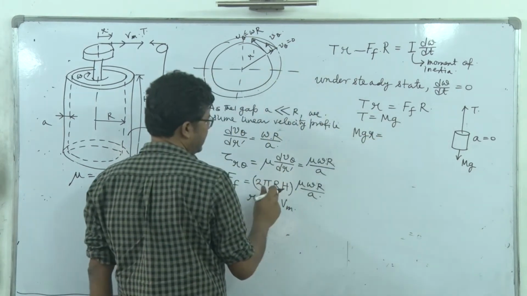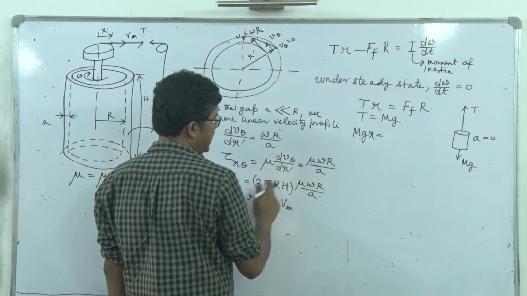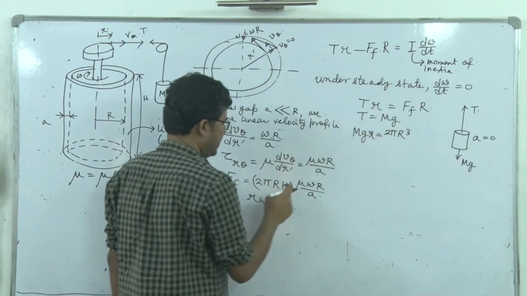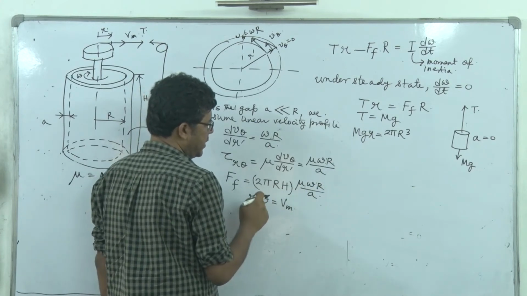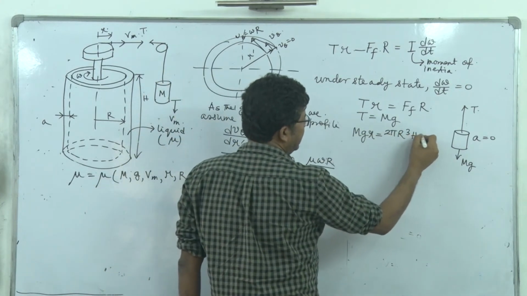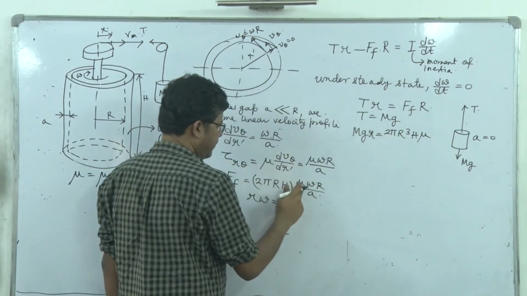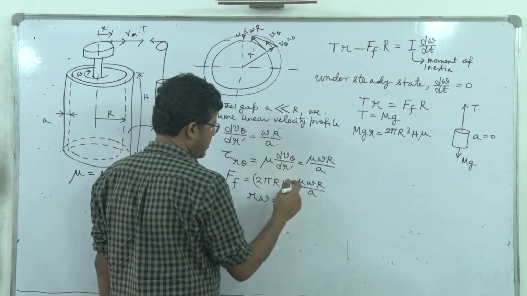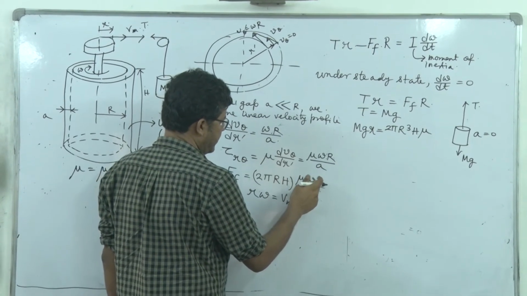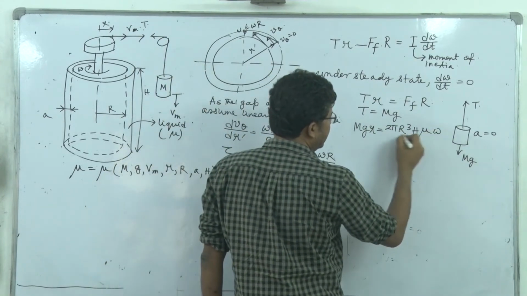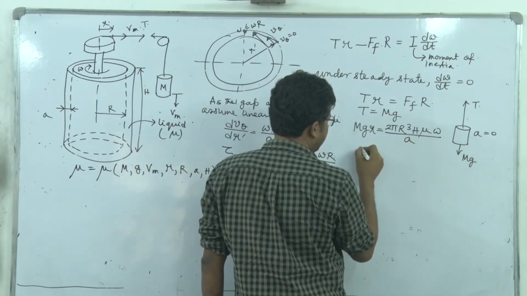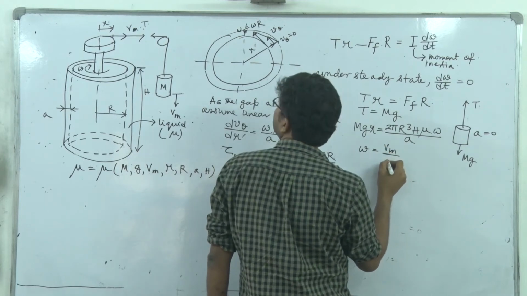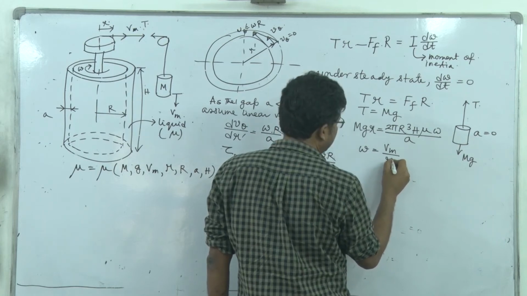Now we'll substitute this expression. So 2 pi R cubed into h into mu into omega divided by a. Here it's R, here R, and here R. Now omega is equal to Vm divided by small r.